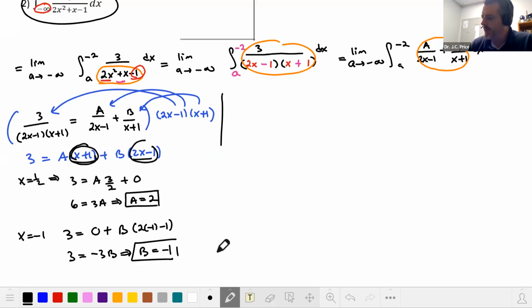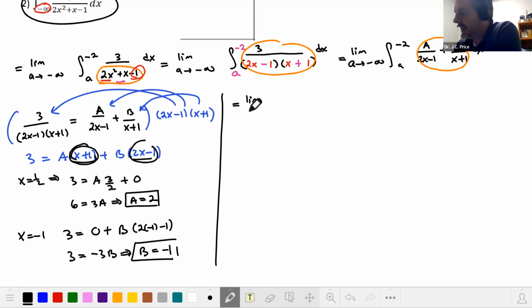Now I'm going to come back over here and draw a line to separate my work. This is equal to the limit as a goes to negative infinity of the integral from a to negative 2 of 2 over 2x minus 1, and then plus a negative 1, so that's a minus, 1 over x plus 1, dx.